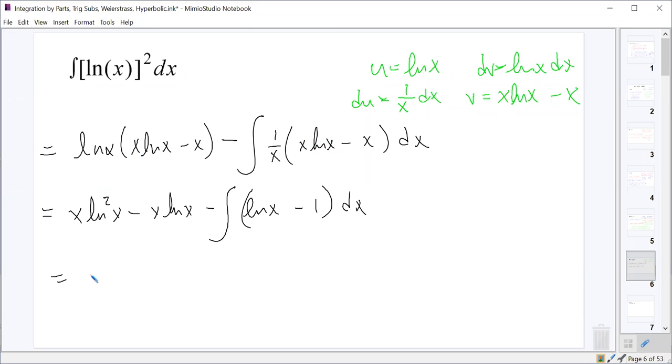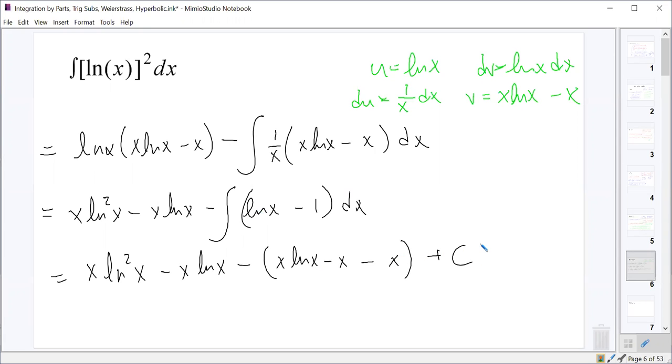And so that gives us x ln squared x minus x ln x minus the integral of all of this. What's the integral of ln x? It's x ln x minus x. And then the integral of minus 1 is minus x, plus a constant. Everybody agree with all that?